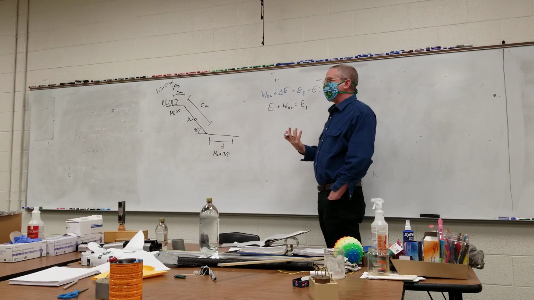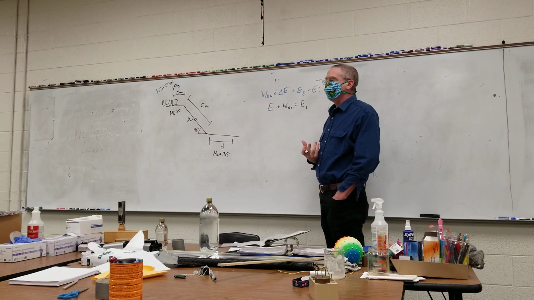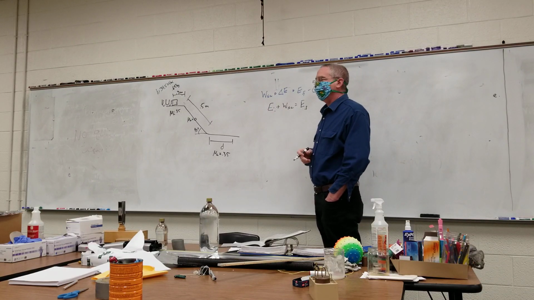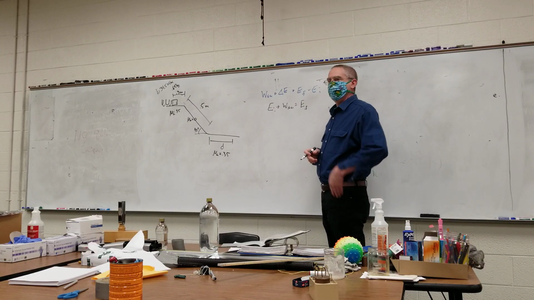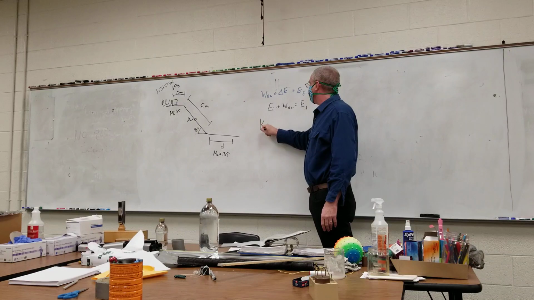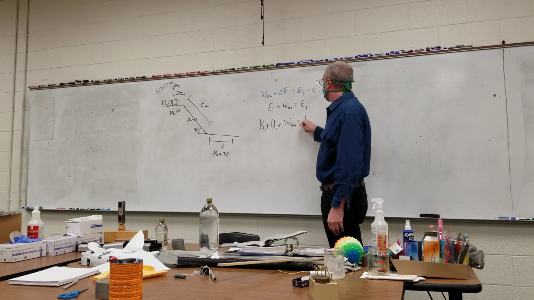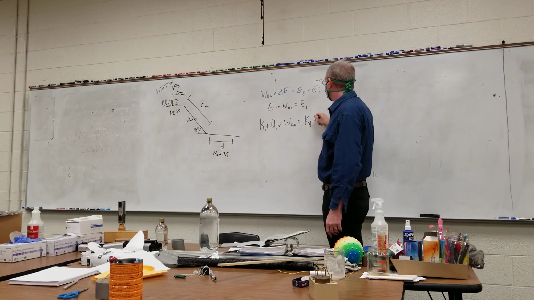What are my two types of energy? Oh, more general than that. Yeah, there's the two I'm looking for. All right, so we have initial kinetic plus initial potential plus the non-conservative work is equal to the final kinetic plus the final potential.